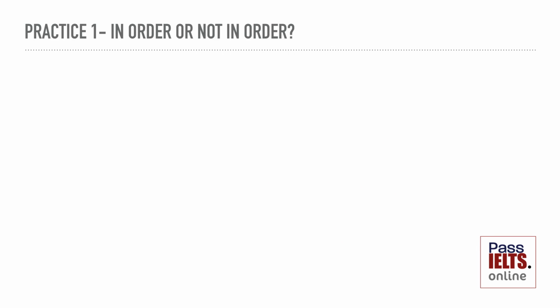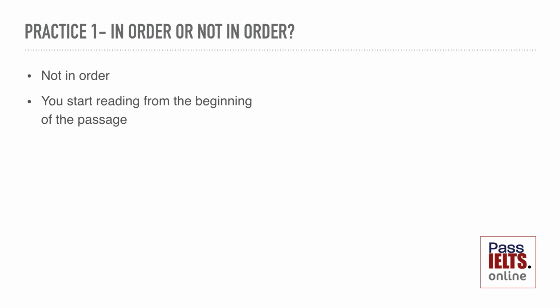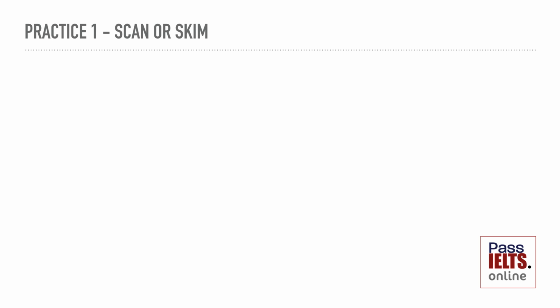The questions are not in order, so you can start reading from the beginning of the passage. When you start reading from the beginning of the passage, in each paragraph you have to skim. So you're looking for the main idea in each paragraph, which in turn will be what you match to a heading.